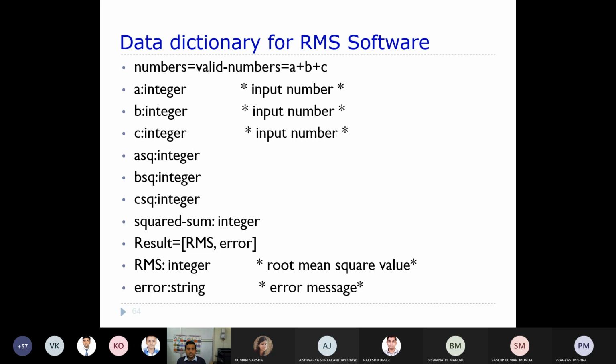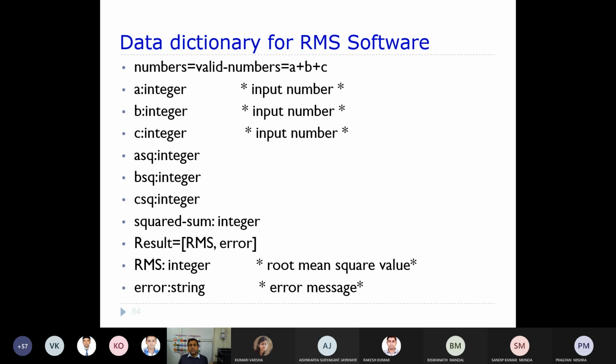For this, A can be defined like this: A colon integer. That means it is an integer value, and it is going to take the input A. And within star, whatever you are writing is going to tell you that it's a comment. So if you want to give any comment at any point of time, you can give comments within these two stars.